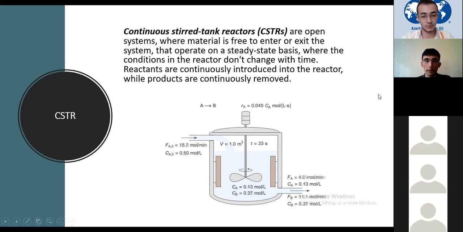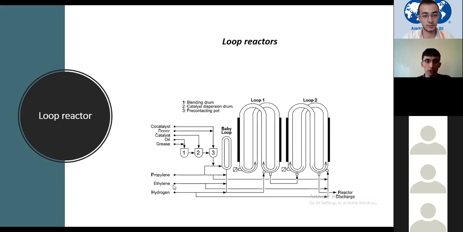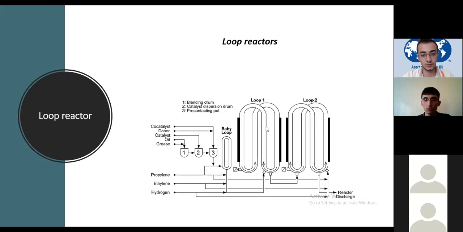And I've given a picture here. This is kind of like a CSTR, but we don't have any stirrer here. We call these loop reactors. This is the kind of reactor we have in our PP plant, polypropylene plant. We have a small reactor here called the baby loop, or sometimes the pre-polymerizer. And then we have two polymerizer reactors where the main polymerization reaction happens.